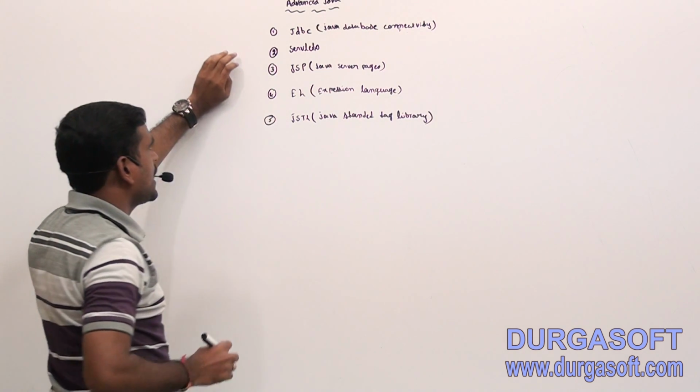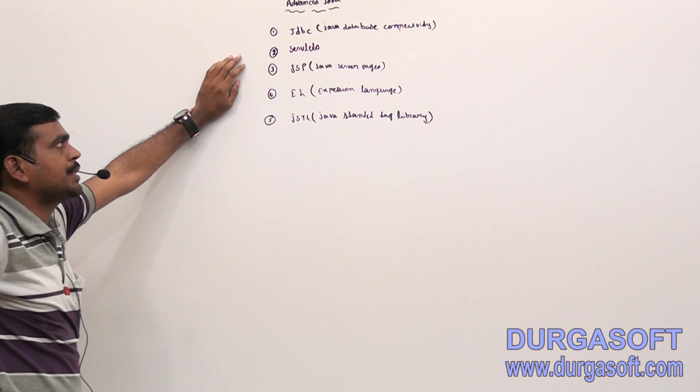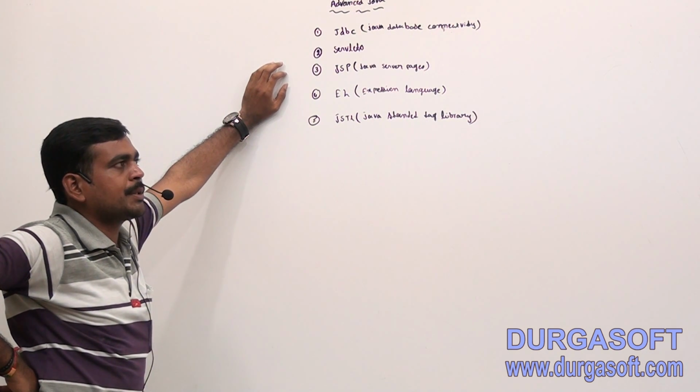Like this, as part of advanced Java, there are 5 concepts.